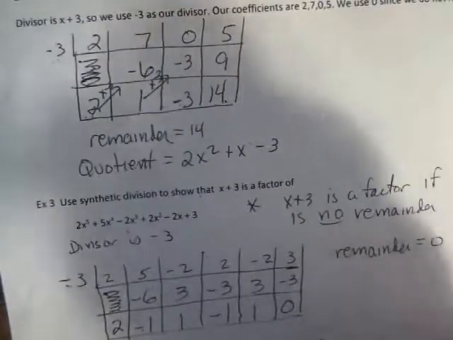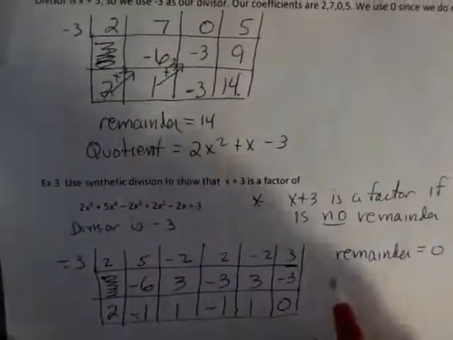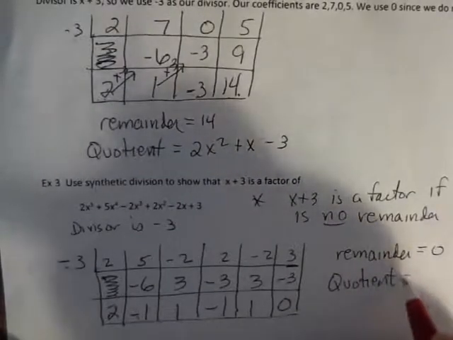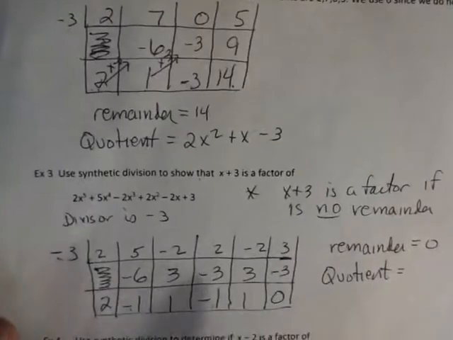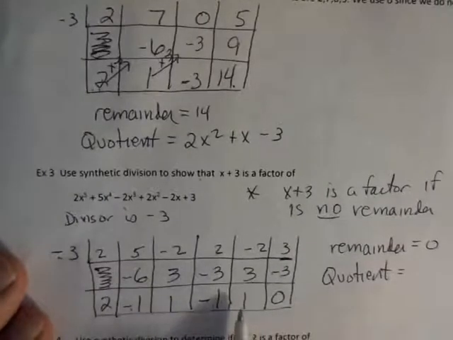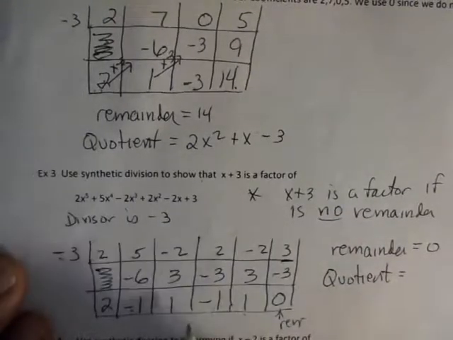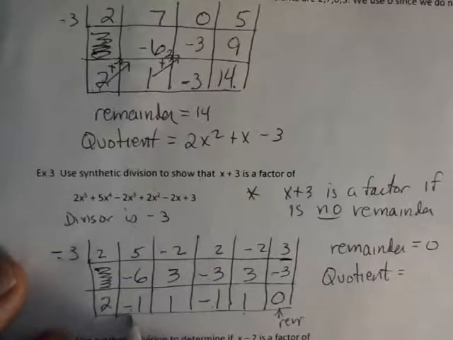So my remainder is 0, and now I got to figure out my quotient. So again, I'm going to show you both ways here. Here, that's your remainder. Don't forget that. Constant term, coefficient of x squared, coefficient of x cubed, coefficient of x to the 4th.